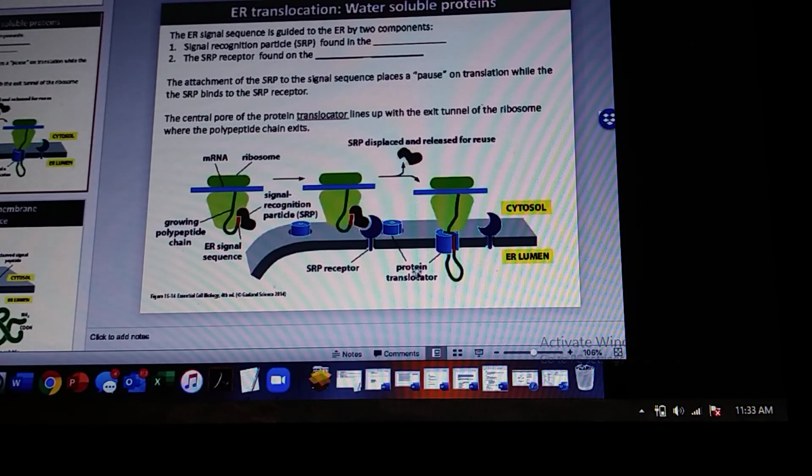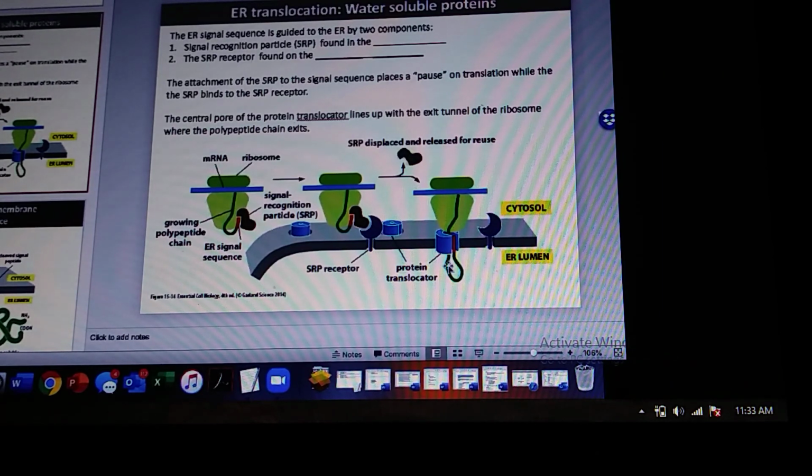So this would be equivalent to the rough ER. But it has to bind to this translocator, and that's how it gets fed through into the ER. And so SEC61 is a protein that's in that translocator. So that's actually the protein that they identified. And that's how we know what these proteins are. So we actually know the exact gene that's involved in that.